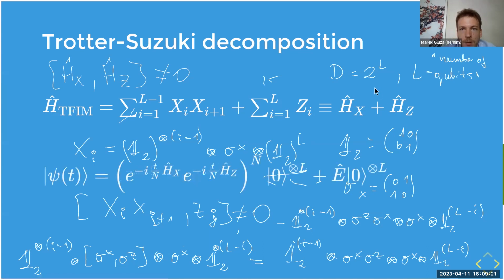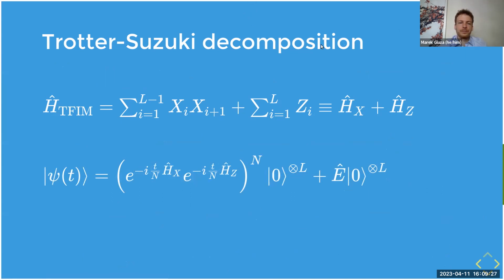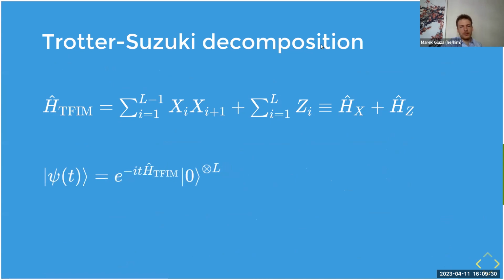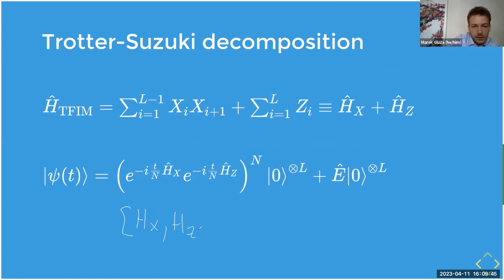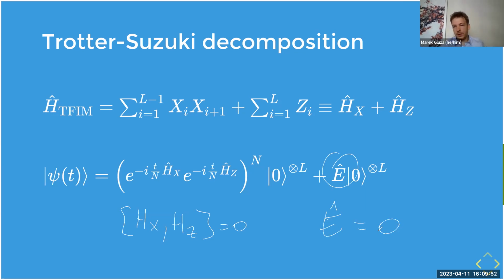Now we will be asking about the dynamics, and that's the motivation: we want to do the dynamics. The question is whether we can do the dynamics of the full Hamiltonian as the dynamics of applying the Hamiltonians individually, and that's the point of Trotter-Suzuki. Normally, if Hx commutes with Hz, the commutator is 0, and then the error operator E is the 0 operator. There's no error.